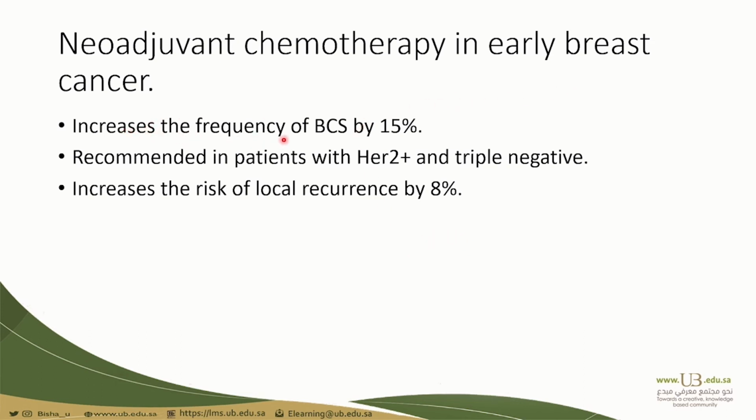It actually increases the frequency of pCR by 15%. If you have 200 patients and you put 100 in each arm, and in one arm you treat them with neoadjuvant chemotherapy, you will have 15% more pCR in the arm receiving neoadjuvant chemotherapy.